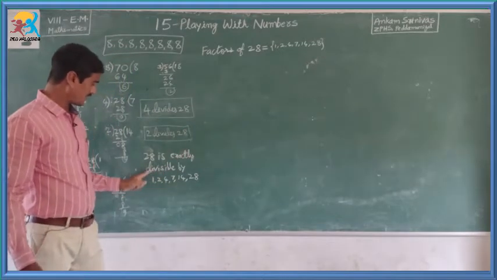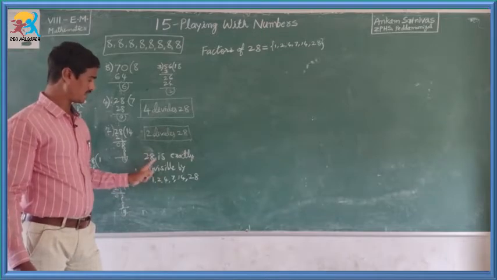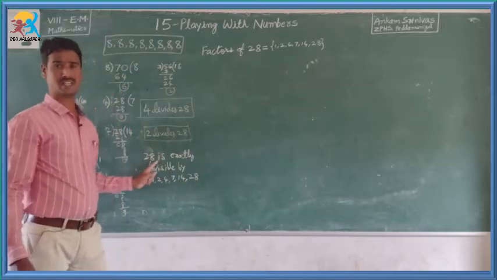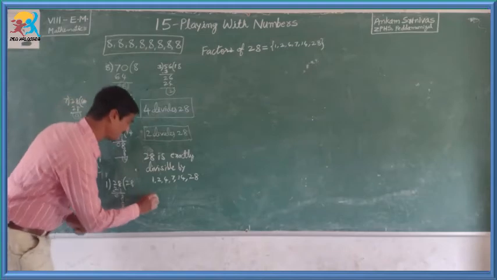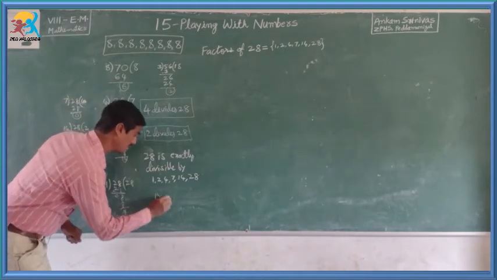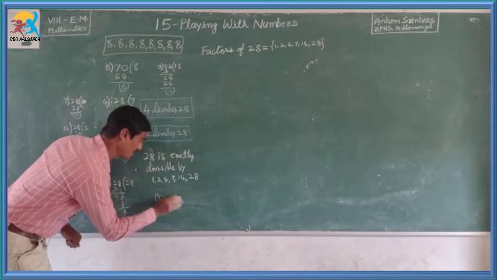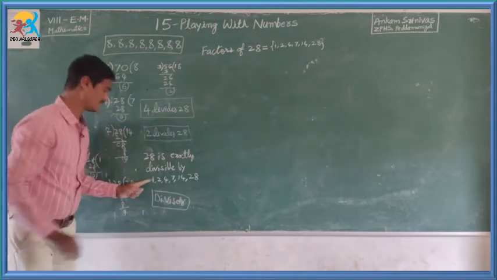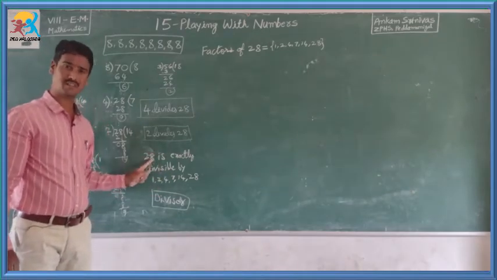Here 1 is a factor of 28, 2 is a factor of 28, 4 is a factor of 28 and so on. 28 is also a factor of 28. A factor is also known as a divisor. So 1 is a divisor of 28, 14 is a divisor of 28.